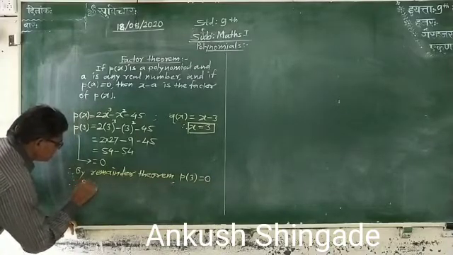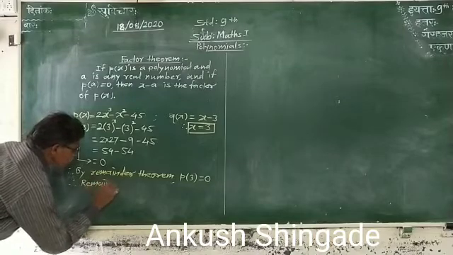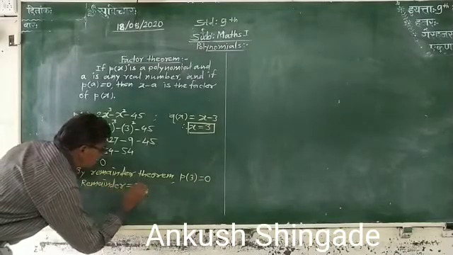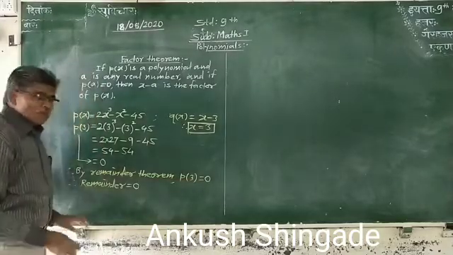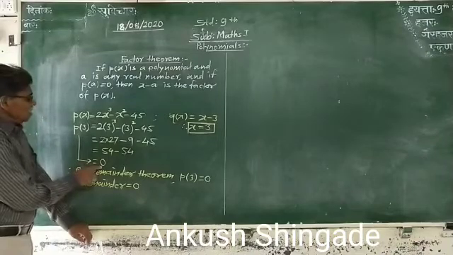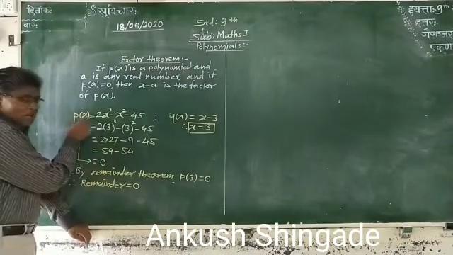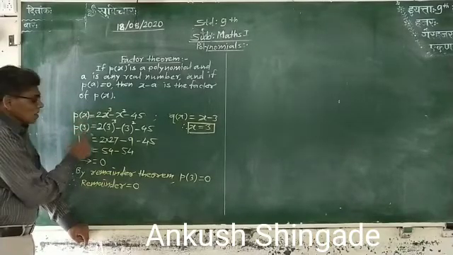That means the remainder is equal to 0. 0 is the value of Px for x equal to 3.